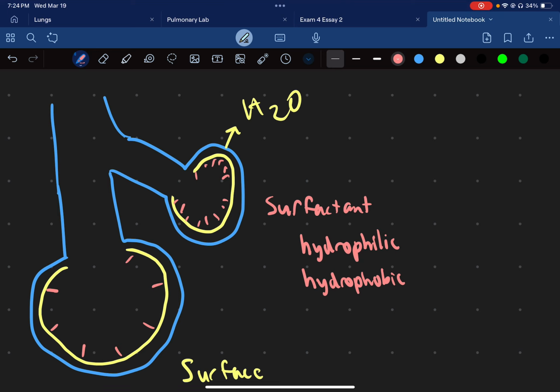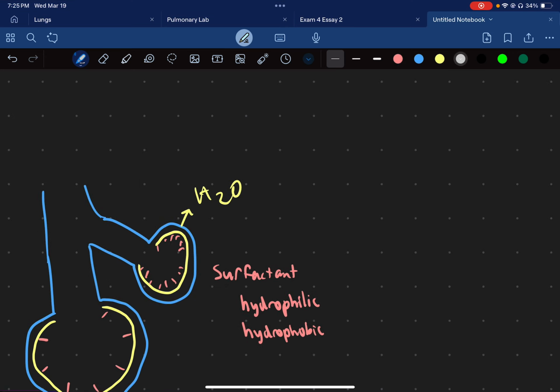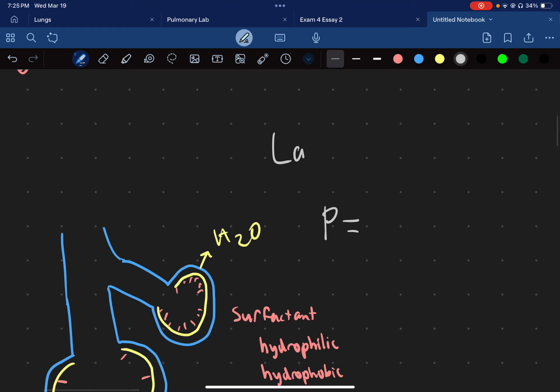And like I mentioned, the smaller our radius gets, the more surface tension we're going to have, so the more surfactant we're going to need. And a helpful equation for that is Laplace's law. Let me write that.